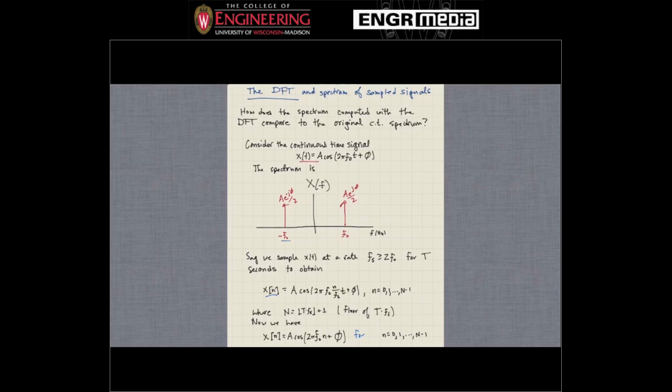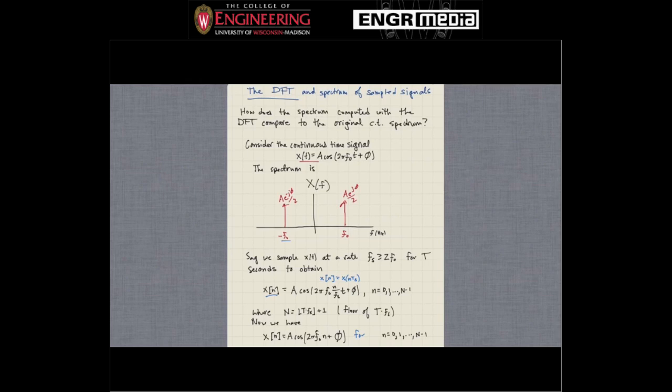All we did there was set x of n equals x of t at t equals n times Ts, where Ts is the sampling period, and that's defined for values of n from 0, 1, 2, all the way up to N minus 1.